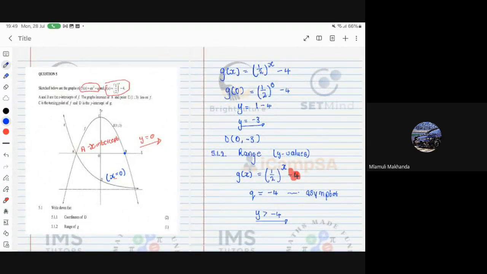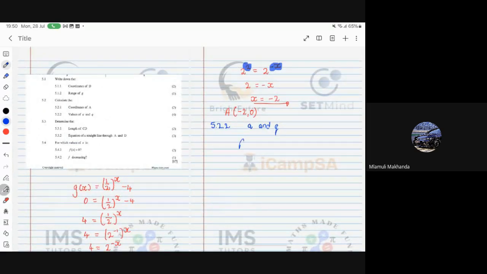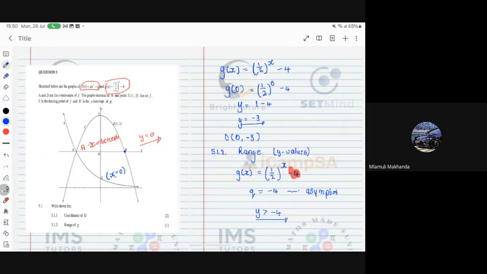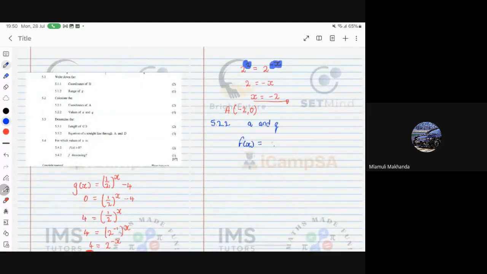It's for the parabolic function, which is f of x is equal to ax squared plus q. This is the general form that we are given.